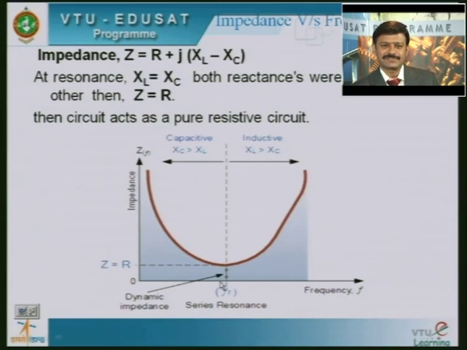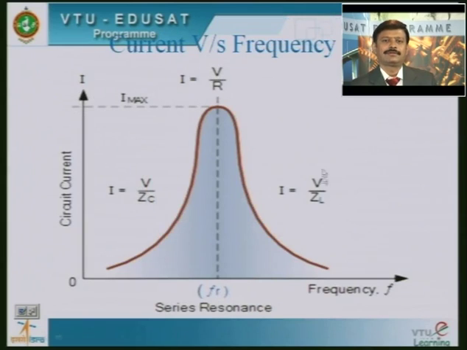So, this is the graph. The resistance is equal to impedance here. The impedance which we get at the point of resonance is also called dynamic impedance. Next graph is current versus frequency. As I told, if impedance is minimum, current will be maximum because they are inversely proportional.